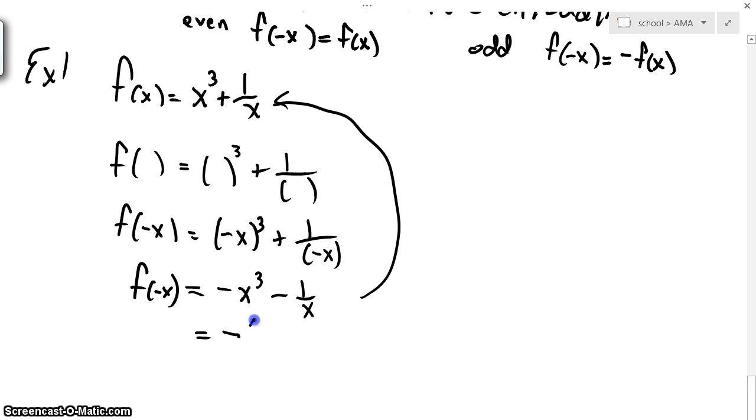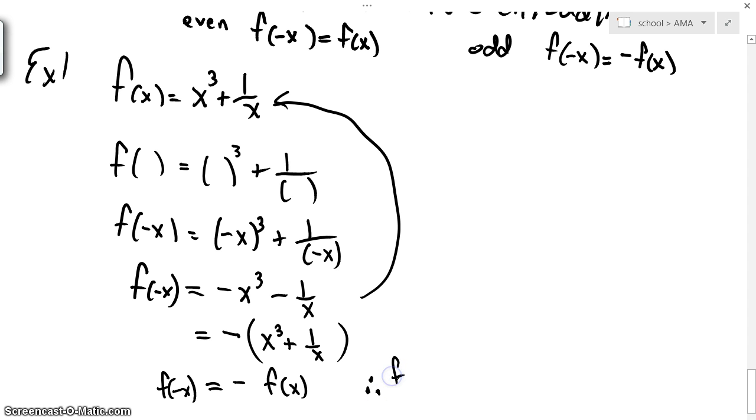I could factor that negative out. I could divide that negative out. And when I do that, you could see that this would actually yield the opposite of what we have for f of x. So f of opposite x is equal to the opposite of f of x. Therefore, f is an odd function.